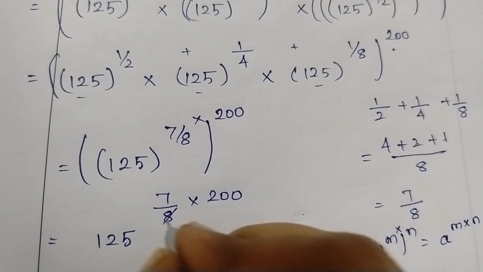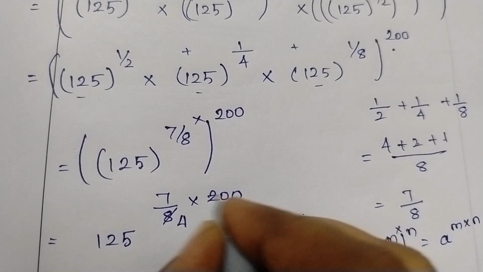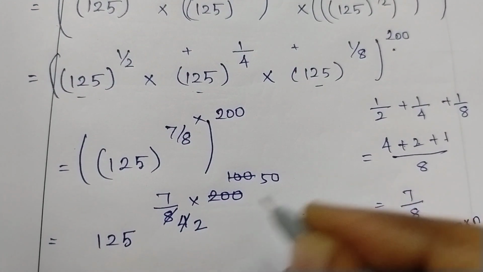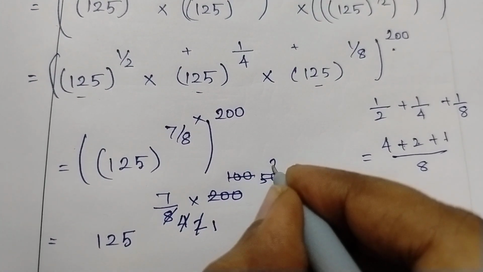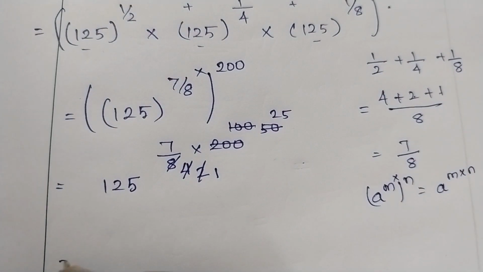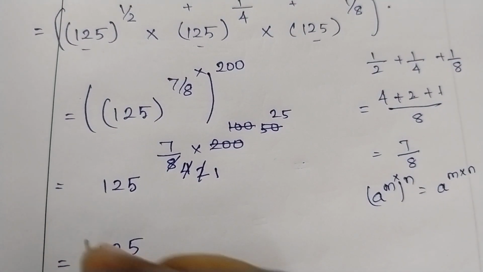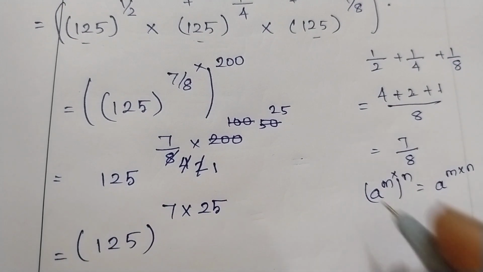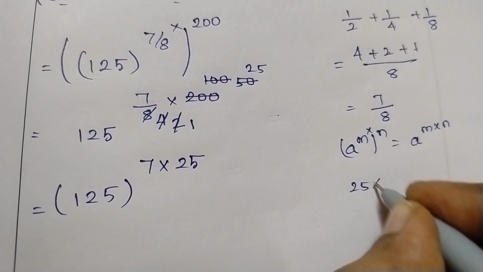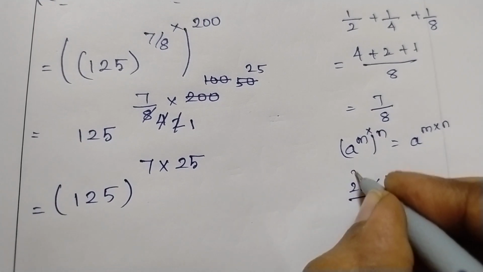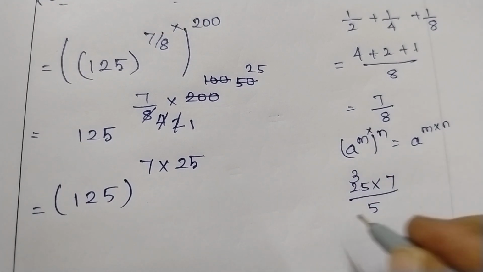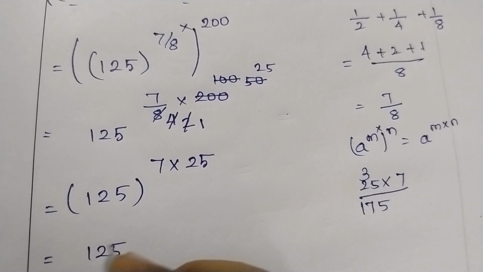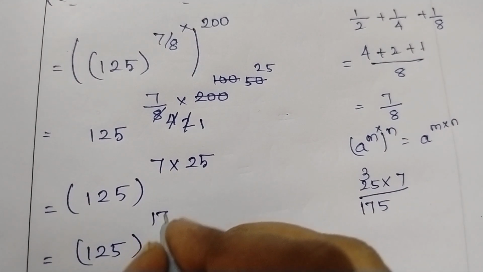Okay, so 8 goes into 200, 25 times. So what we have here is 125 to the power of 7 into 25. So what is the answer for 25 into 7? 7 5s are 35, 3 14 plus 3 17, 175. So therefore 125 to the power of 175.